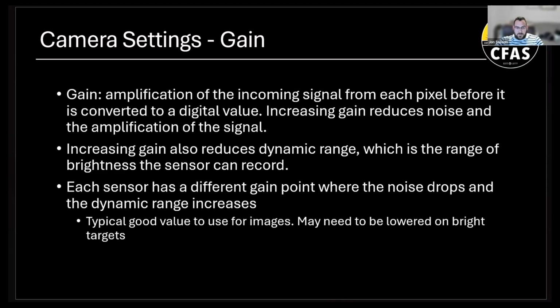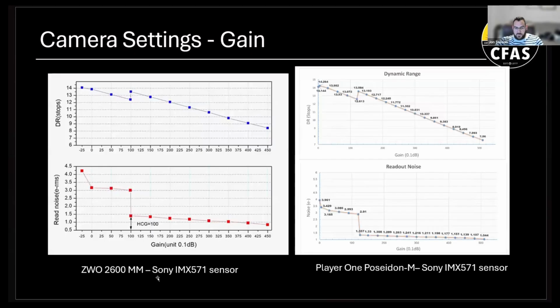But for example, here's the same sensor, IMX 571, that APS-C on the CW and Player One. I just went on their website and grabbed these images. So this is the CW 2600 and the Player One Poseidon camera, both using the same sensor.